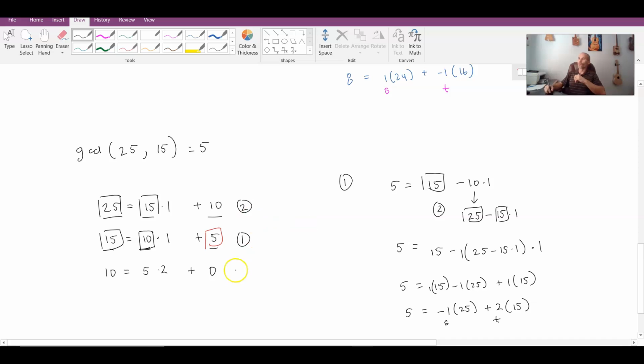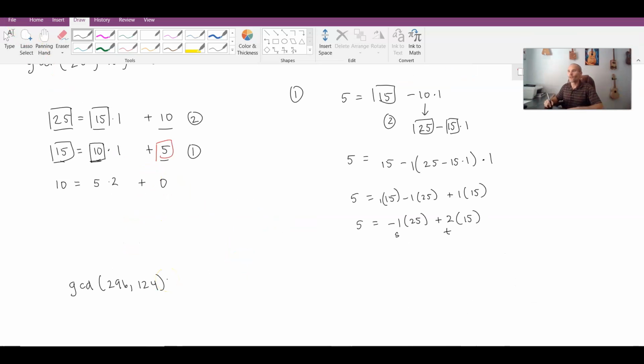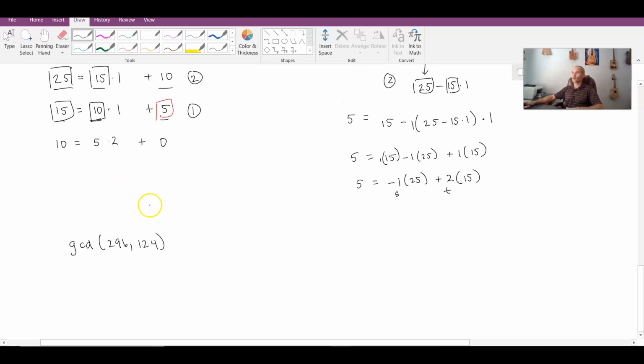Let's take a look at one more where there are additional steps beyond just this. We'll focus on the GCD between 296 and 124. So as a refresher, to create or locate this GCD, we're going to figure out how many times 124 goes into 296, and it goes into it 2 times.